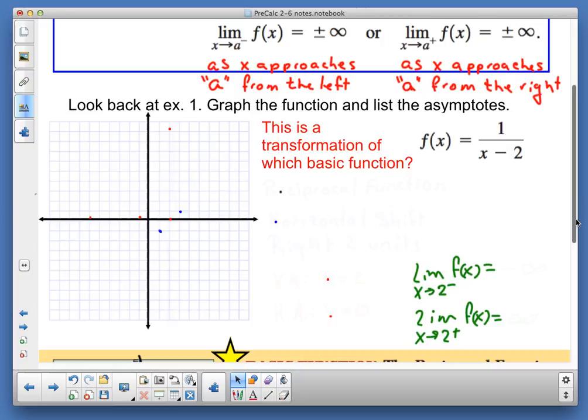I want to make sure you recognize what you're doing when you graph it, and then be able to compare the characteristics of the graph as it approaches the asymptote from the left and right. Give it a try. Hopefully it'll explain what I did up front.